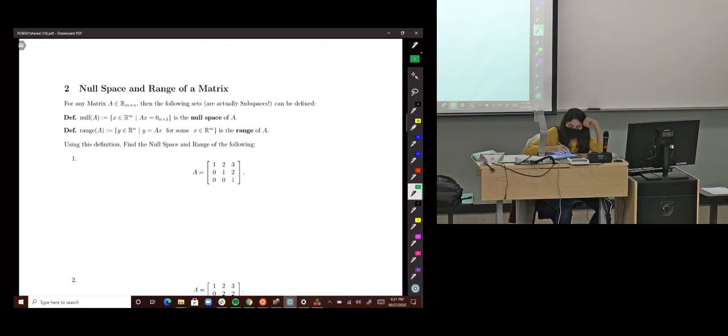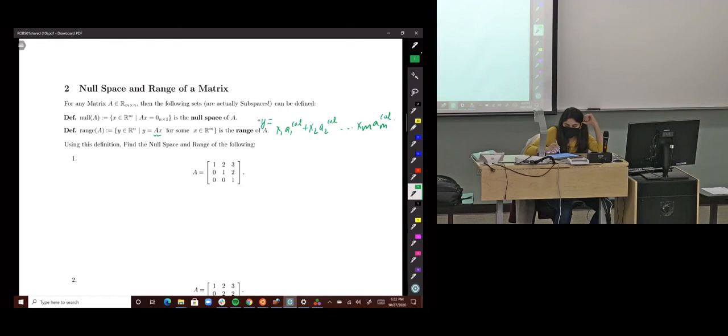And then the opposite of that, the range of A, will be all linear combinations of columns of A. So A times x will basically be x1 times the first column of A plus x2 times the second column of A up to xm times the mth column of A. All linear combinations of columns of A are called the range of A, and later we define that to be the column span.